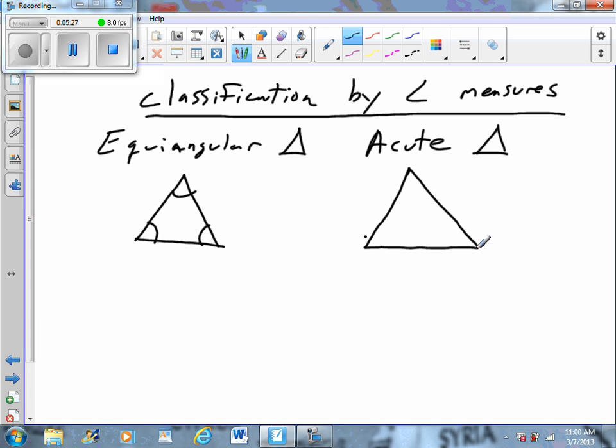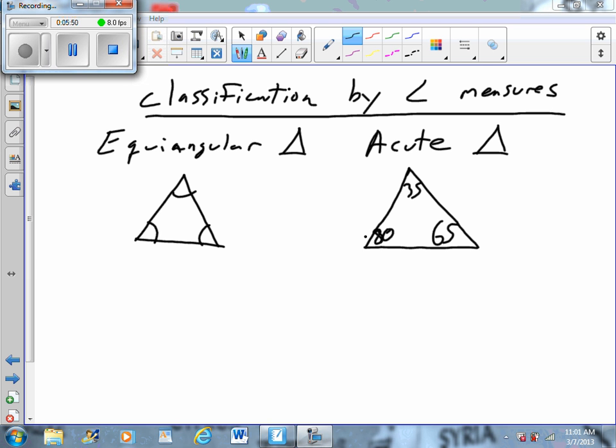So let's say this angle measure was about 35, this one was about 80 degrees, right? And your last measure would measure maybe 65 degrees, okay? This would be an example of an acute triangle, all right?